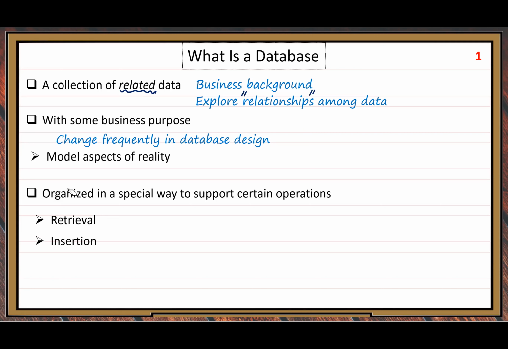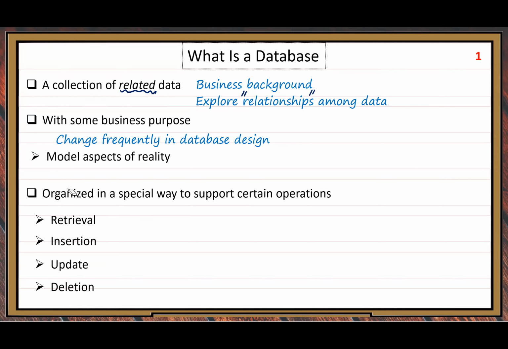So here you can see the basic operations, 4 operations: retrieval first, from existing data; insertion second, for new data items; update, where you may modify your data; and deletion.